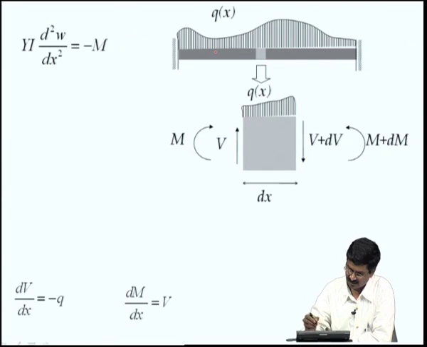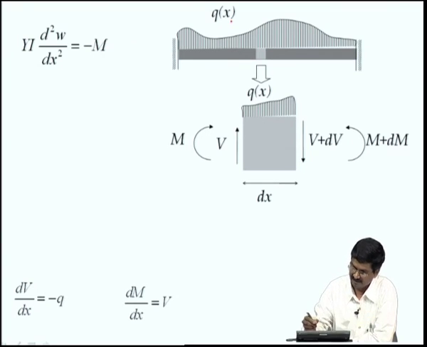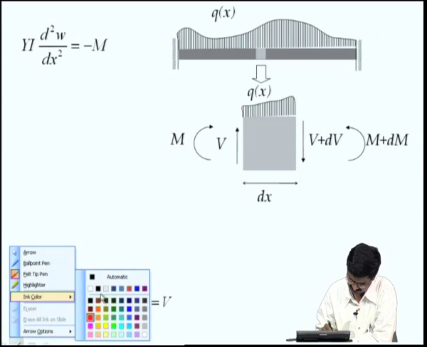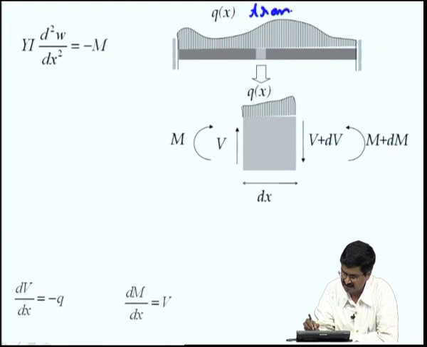We have a certain loading Q of x, okay, and we are taking a small element. Why are we taking this Q of x? You know from the beam analysis discussed in one of the earlier lectures that a loading Q of x, which is the transverse loading, is perpendicular or transverse to the axis of the beam.